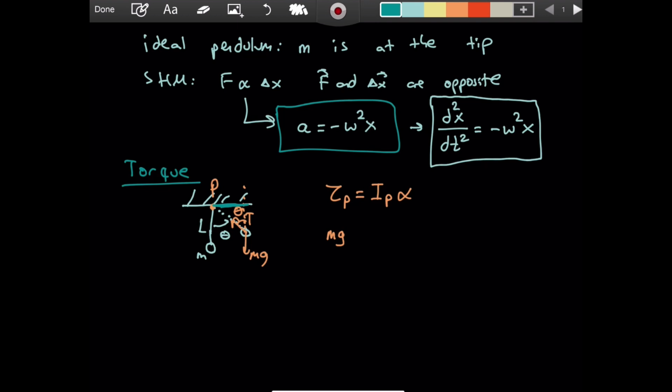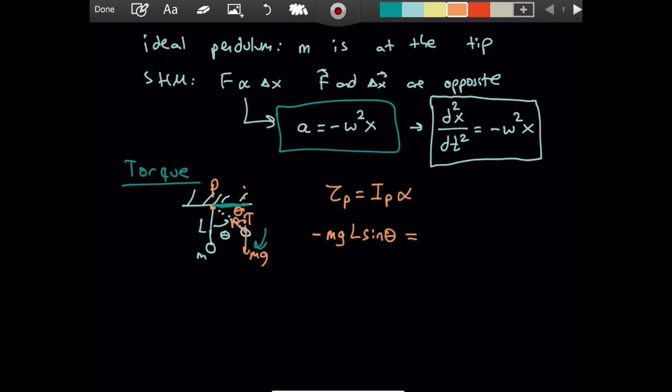Its length is, well, this is L, and we have the opposite side, so we have L sine of theta. We're not done for the torque though, because notice that this torque is clockwise. And clockwise is defined to be negative, so we put the negative sign here.